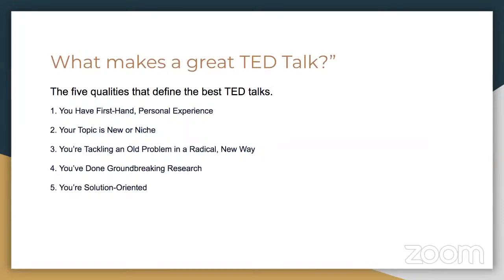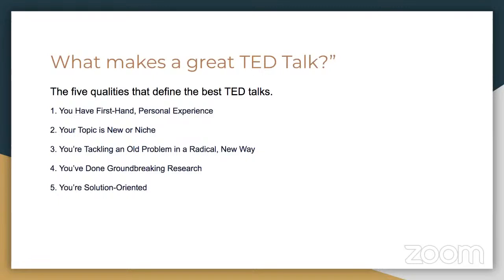Then what makes a great TED Talk? There are 5 qualities that define the best TED Talk. First, you have first-hand personal experience, meaning that whatever we are talking about, we first experienced it. Second, your topic is new or niche.